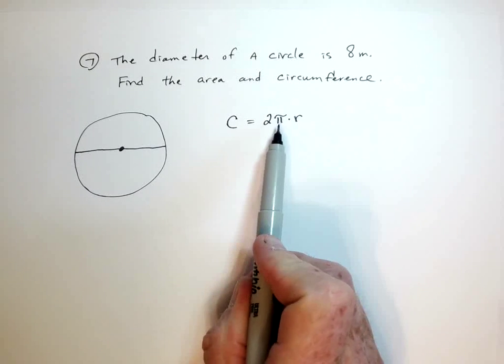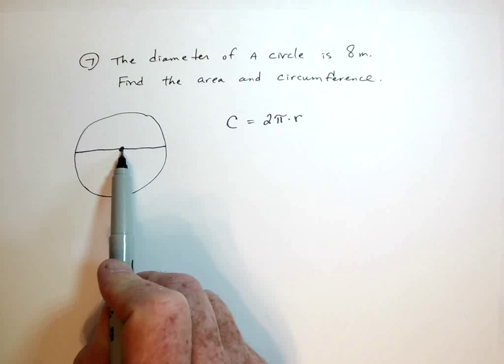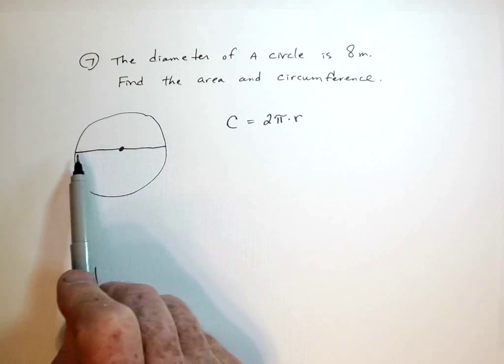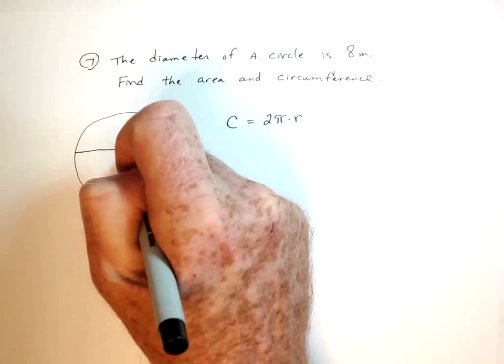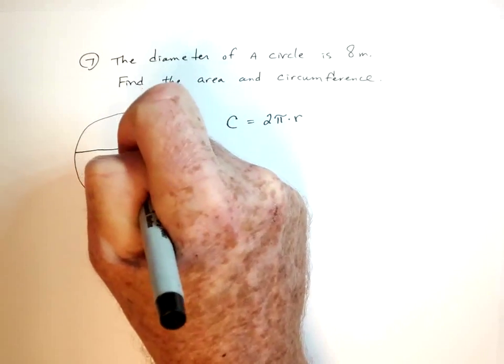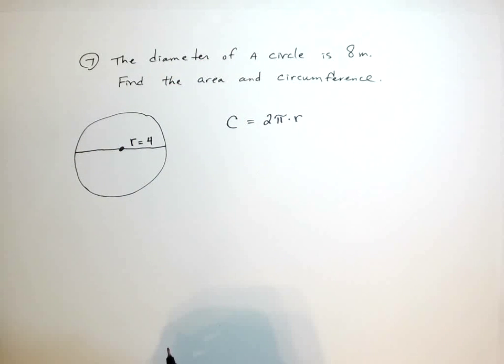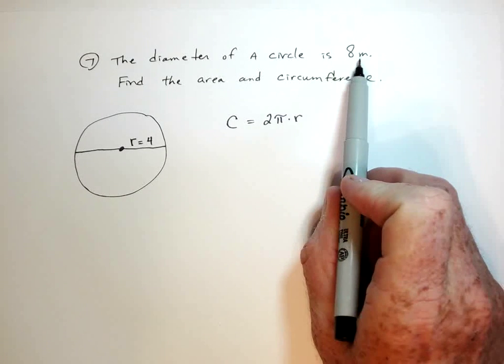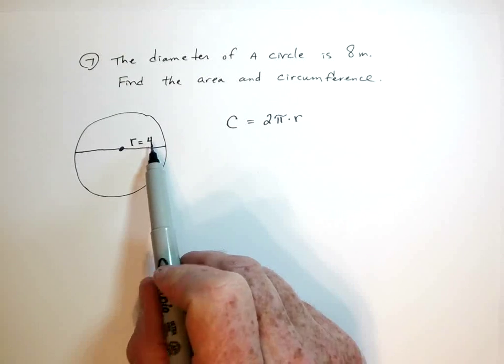And I know that for pi, I can use 3.14. The radius has to be from the center out to the edge. So if all the way across is 8, that means that the radius is half of that. So radius is always equal to half of the diameter. In the end, I'll put that the answer is in meters. For now, I'm just going to use the number 4.